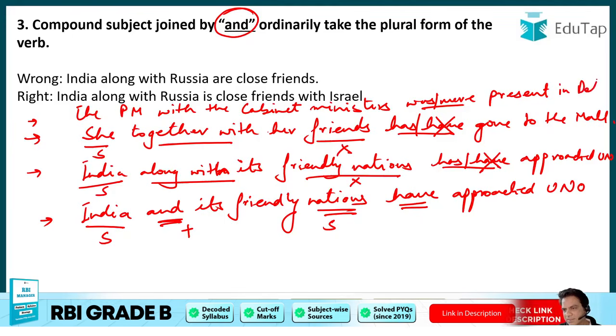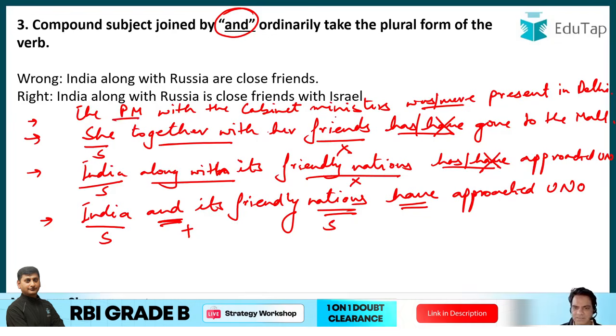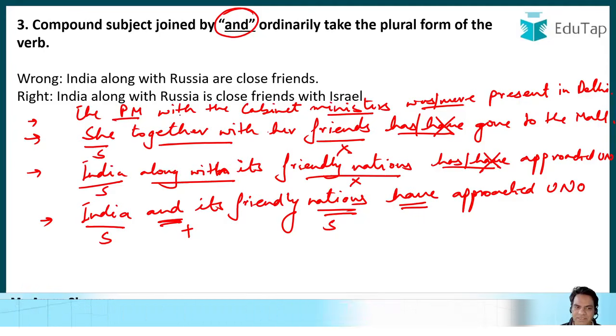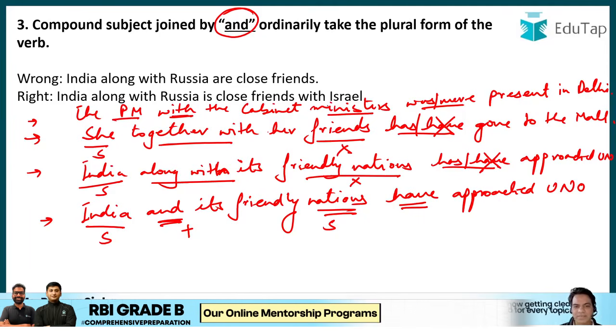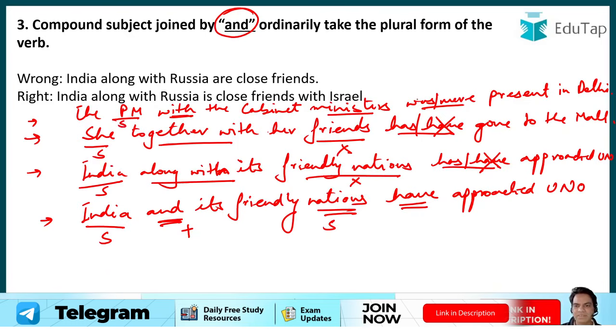Okay, let's keep it short and simple. So the prime minister with the cabinet ministers. It seems like there are multiple people we are talking about here, but look at the conjunction "with". So that means cabinet ministers is not going to be the subject. The only subject here is the prime minister. Prime minister, being singular, will take a singular verb.